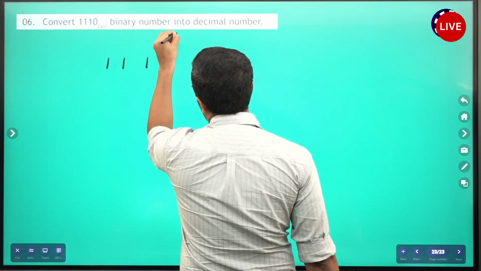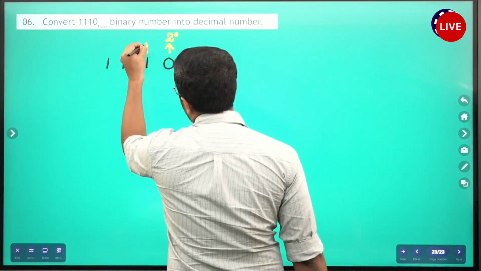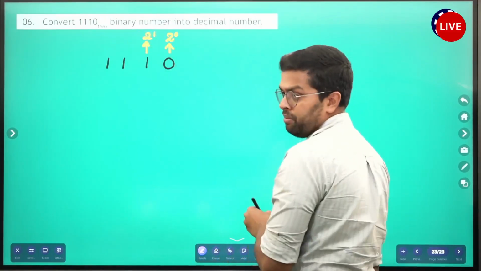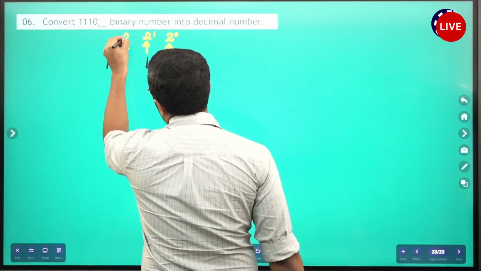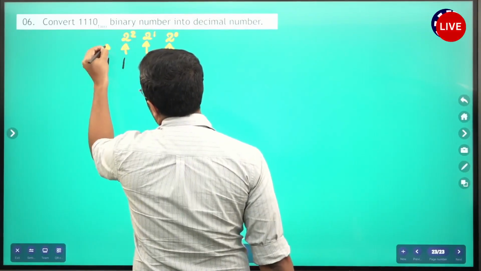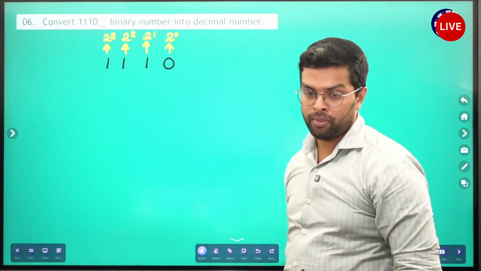That is 2 to the power 0 times 0. This number 1 is actually not 1. That is 2 to the power 1 times 1. This number 1 is 2 to the power 2 times 1. This number 1 is 2 to the power 3 times 1.